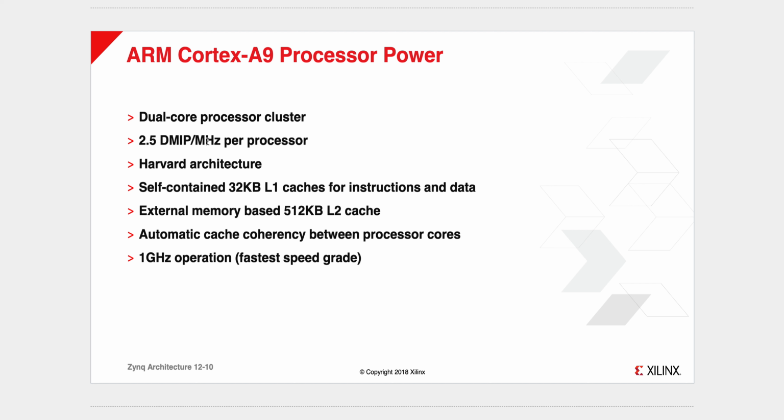Which means that at 2.5 DMIPs per megahertz, the Cortex-A9 provides high computational efficiency for each processor core. So far we've covered two features: the dual core processor cluster and 2.5 DMIP per megahertz per processor.